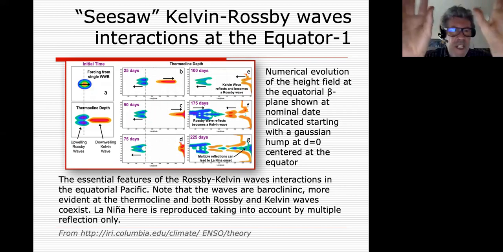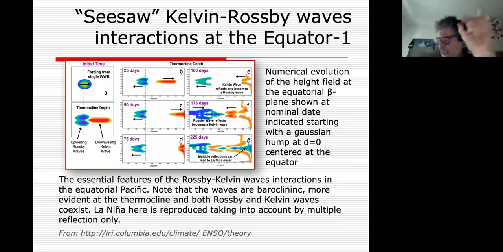So the initial condition for us is a perturbation in H in the western part of the integration domain.